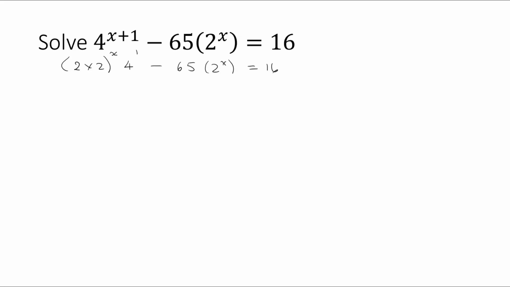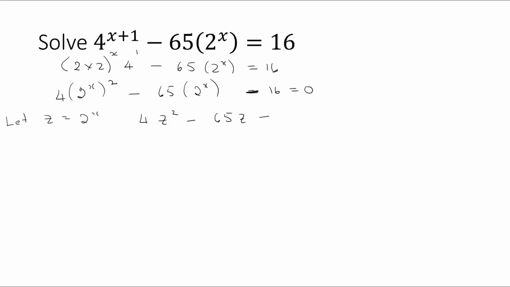And this left-hand bit becomes 2 to the power of x, squared, times 4, minus 65 times 2 to the power of x, minus 16 equals 0. Now if we make, again, a substitution, then we can say 4z squared minus 65z minus 16 equals 0.